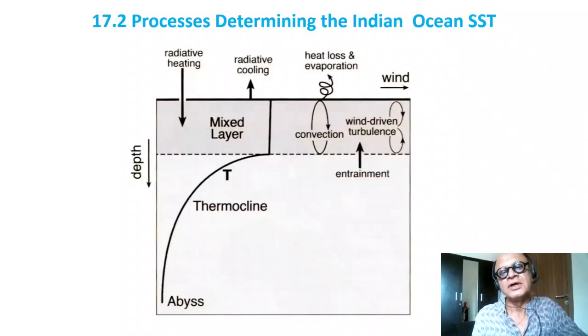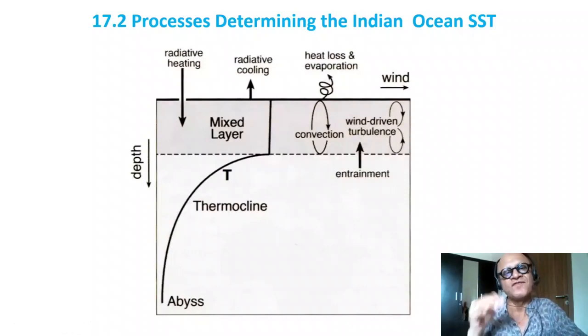But in general, when people do heat budgets, SST processes, we think about the surface mixed layer, which we have talked about, made up of heat loss evaporation creating convective mixing above the thermocline, and wind driven turbulence, which, as I mentioned, is proportional to the cube of the so-called friction velocity.